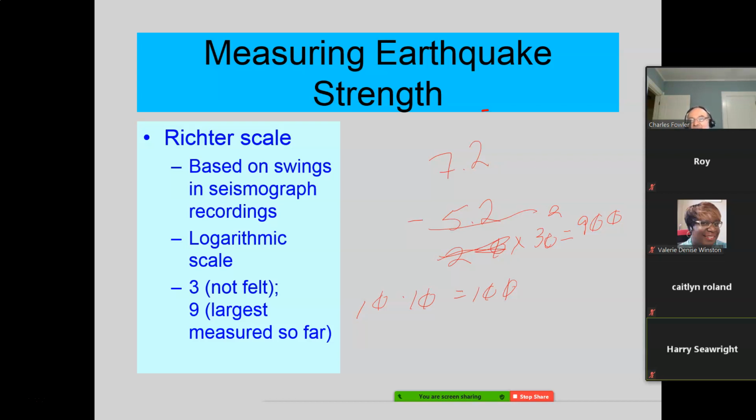That was a very powerful earthquake. A tsunami is the water equivalent of a surface wave, okay, and they can be very, very big.